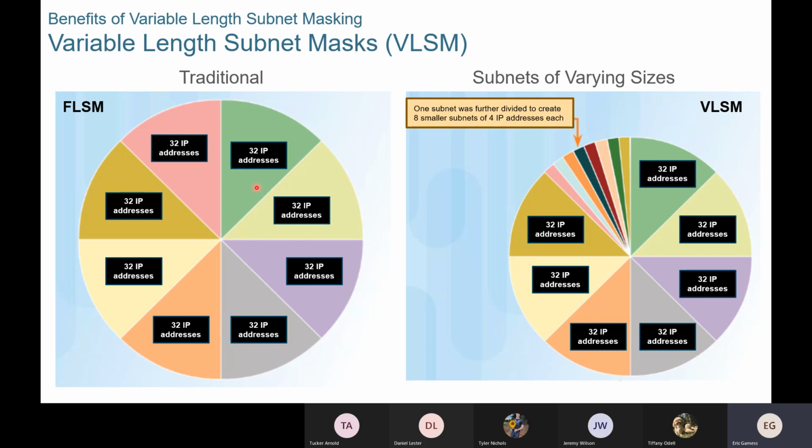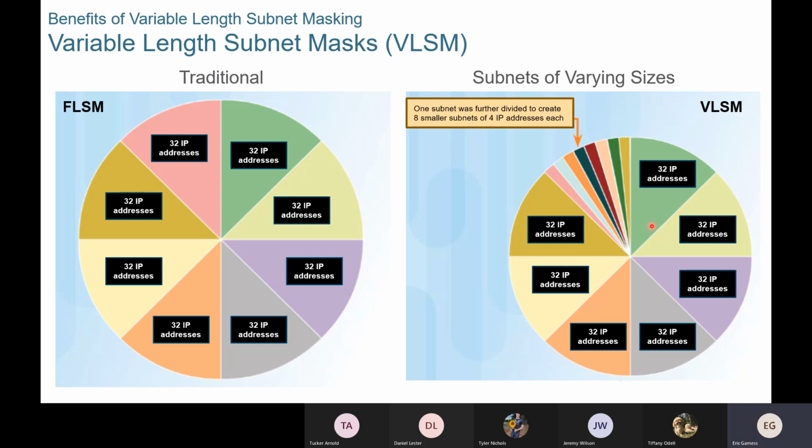This was the case historically at one point. Then we saw that it was not good because we were wasting a lot of IP addresses. So we moved from fixed length subnet mask to variable length subnet mask, in which we create subnets of different sizes.